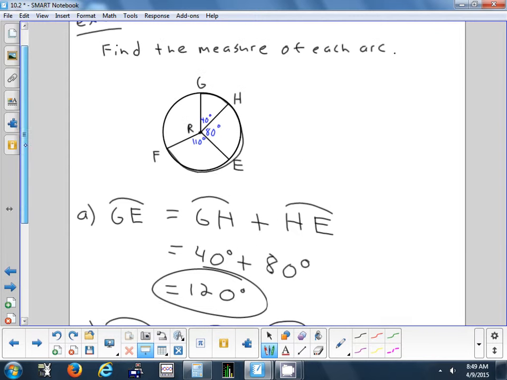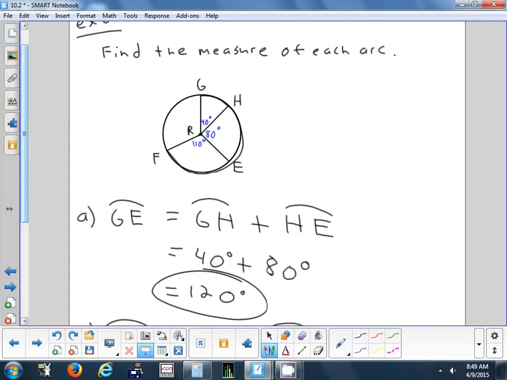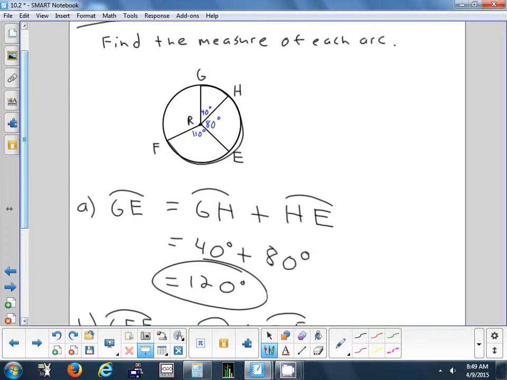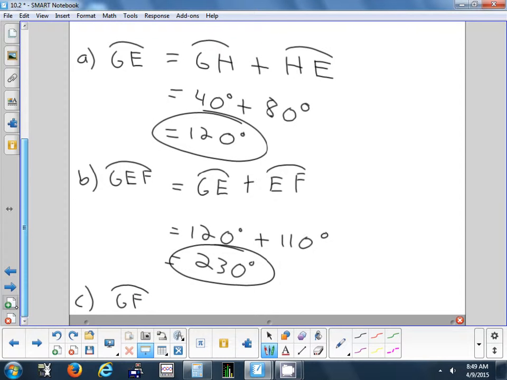Still the same question: how would you get GF? Take 360 minus 230. Taking 230 minus 360 would give us a negative arc, so 360 minus 230.